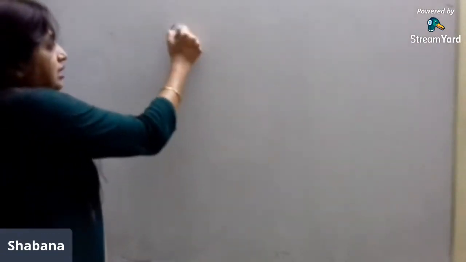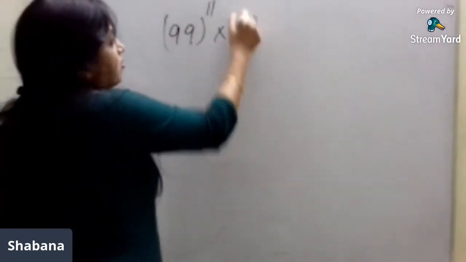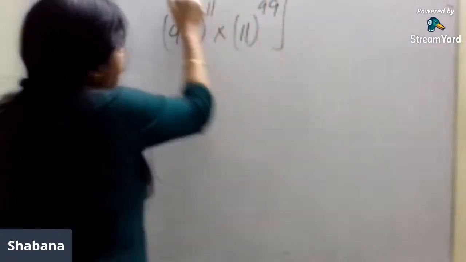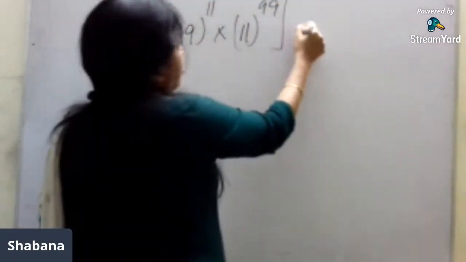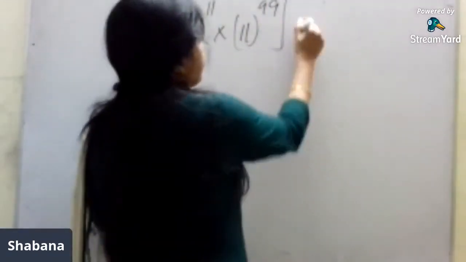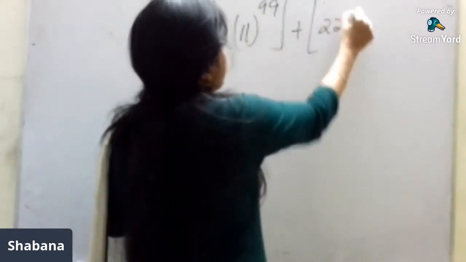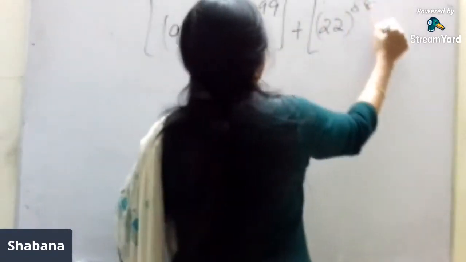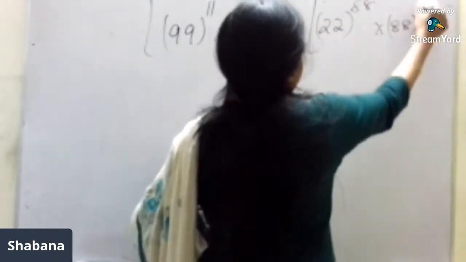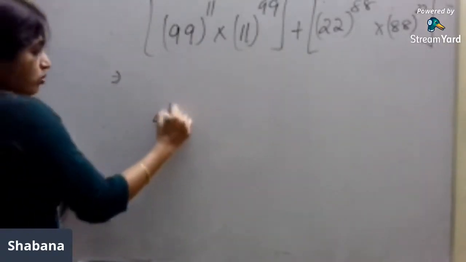So now let's say 99 to the power 11 into 11 to the power 99, or let's take addition in between, 22.